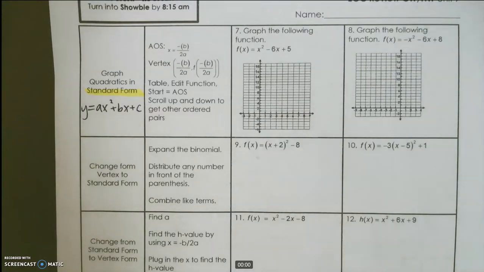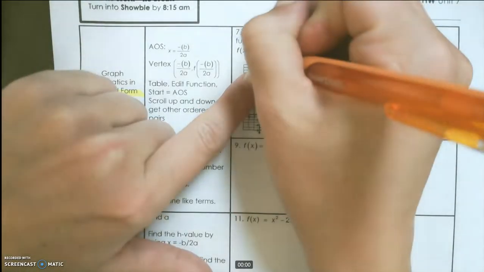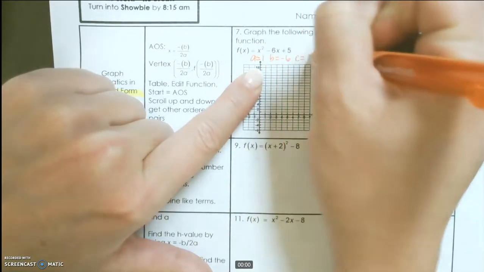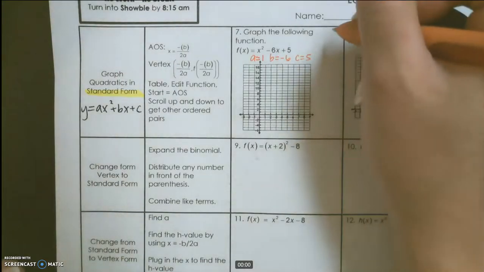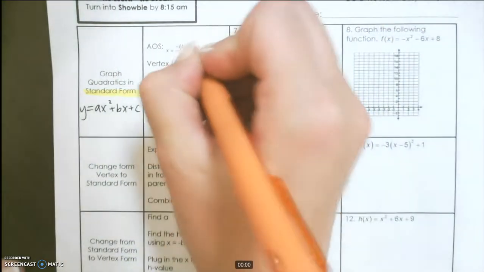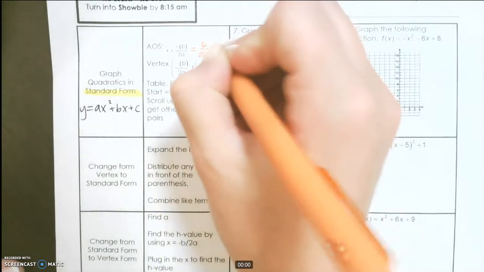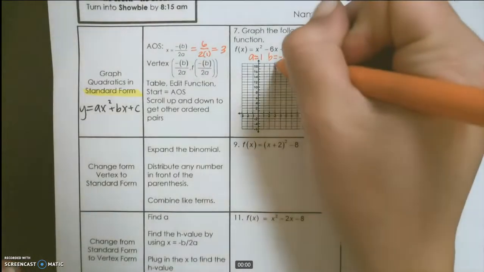So let's begin with finding the axis of symmetry. Negative b. Let's see, our a is 1, our b is -6, our c is 5. So negative b, a double negative, that's going to become a +6 over 2 times a. That's 6 divided by 2, which is 3.